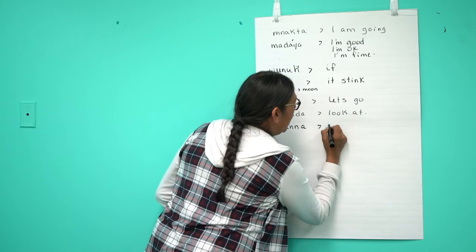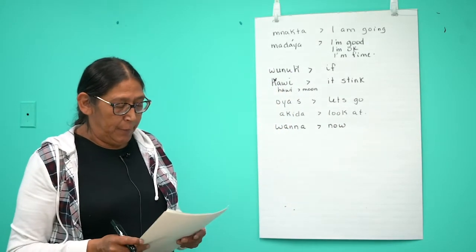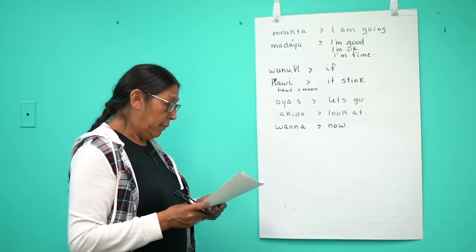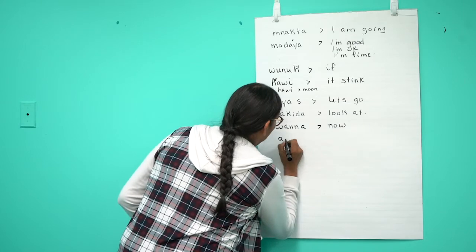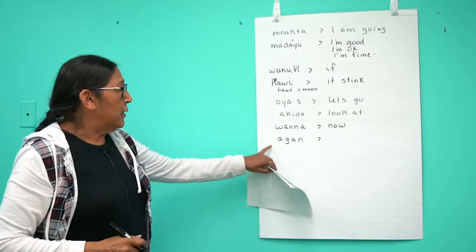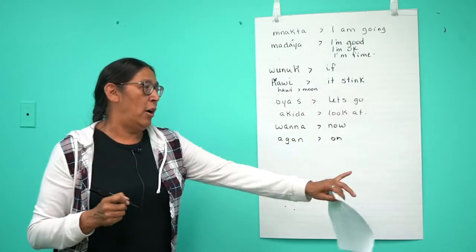That means now. Wana yodankt, wana ima yodankt. I'm going to sit down now. I'm going to be careful how I use this word. On. It means on. Cha agan iodanga. Go sit on that chair.